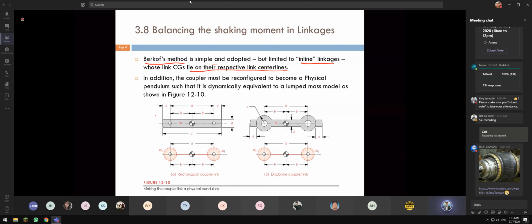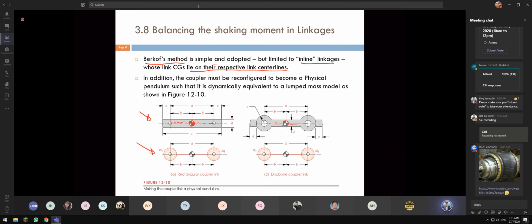Inline means like this. So the center of gravity must stay on the line center, same as this one. In addition, a coupler must be reconfigured to become a physical pendulum. This is the one.